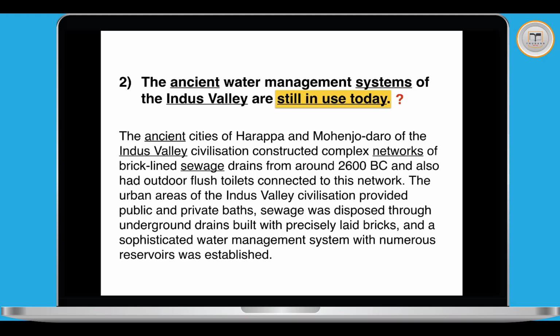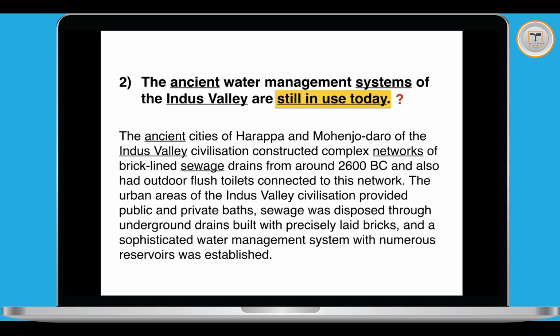So let's carry on from the word sewage. Drains from around 2600 BC and also had outdoor flush toilets connected to this network. No information about today yet. The urban areas of the Indus Valley civilization provided public and private baths.